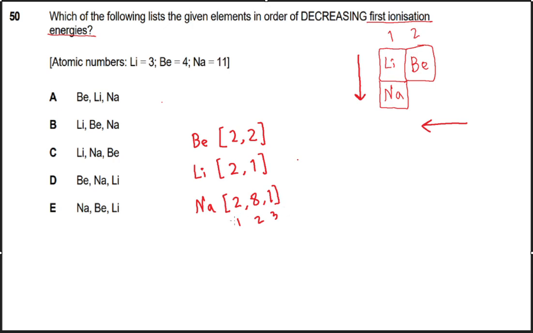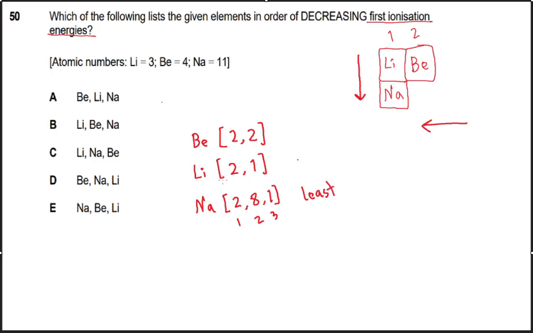This greater number of electron shells increases the electron repulsion effect, which leads to a greater atomic radius. So the valence electron from sodium, this one electron in the outermost shell, is easily removed from the sodium atom to form a sodium ion. So consider this the least one.